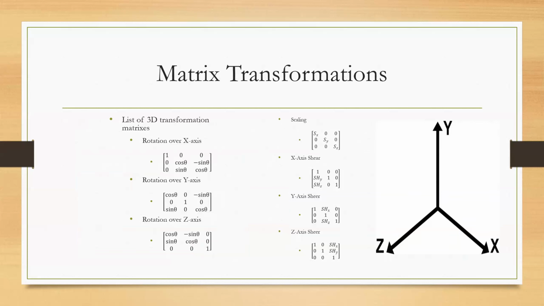Here we have just a few 3D transformation matrices. As you can see here, we have a rotation matrix for each of the axes on the 3D graph.